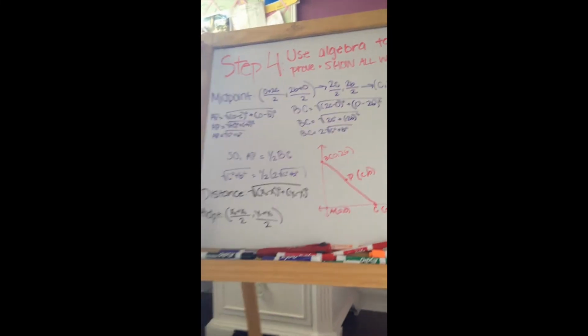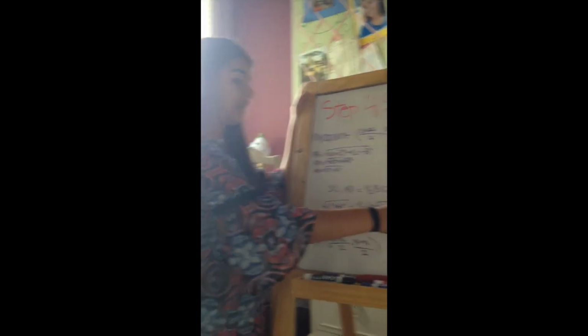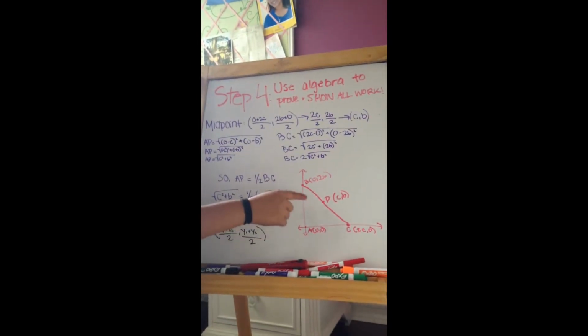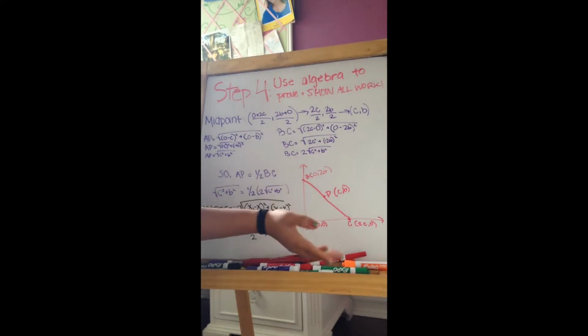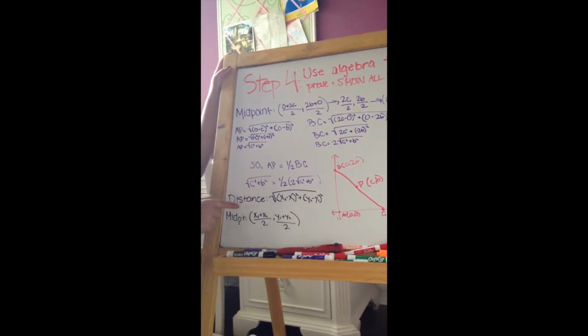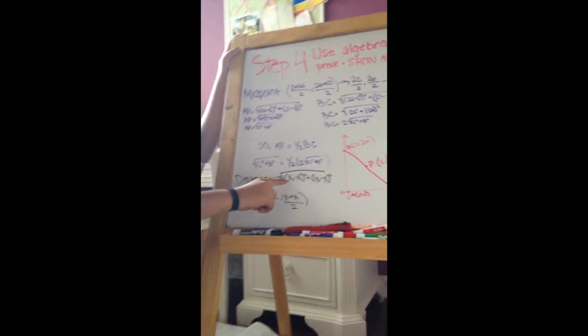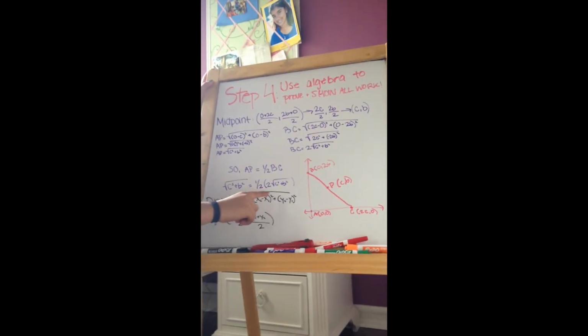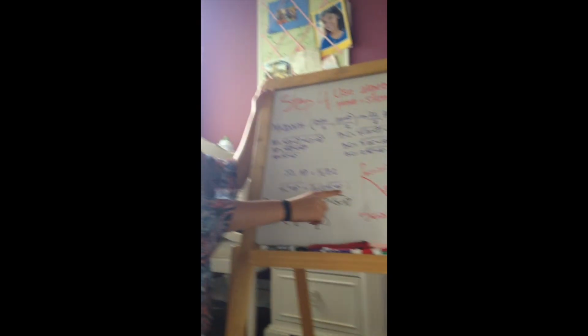What we're going to do now is find the distance between A and P to prove that it's half of BC, and we're also going to find the distance of BC. So we're going to use the distance formula, which is the square root of x2 minus x1 whole squared plus y2 minus y1 whole squared.